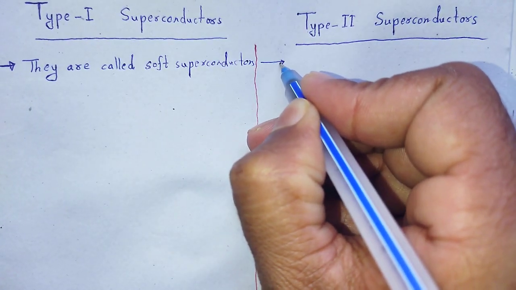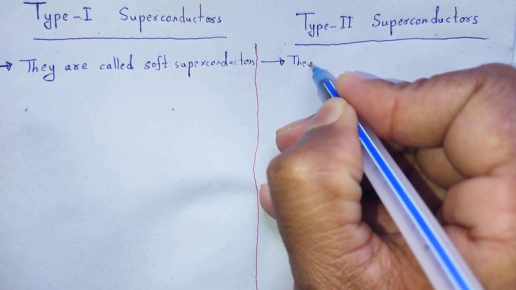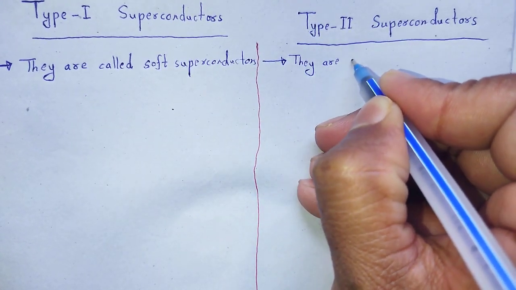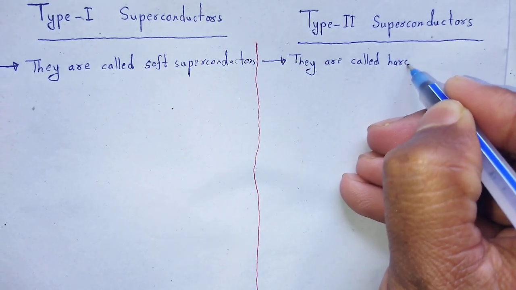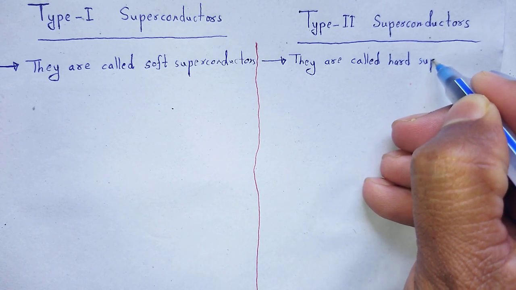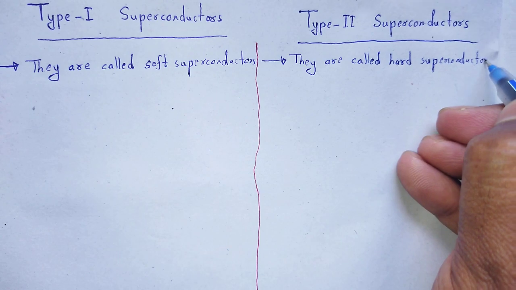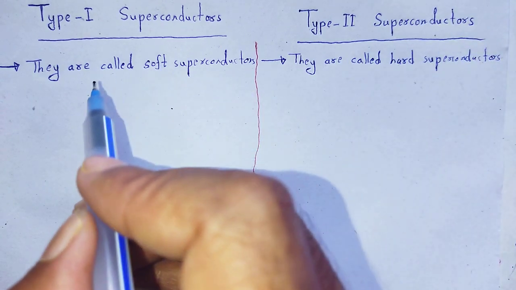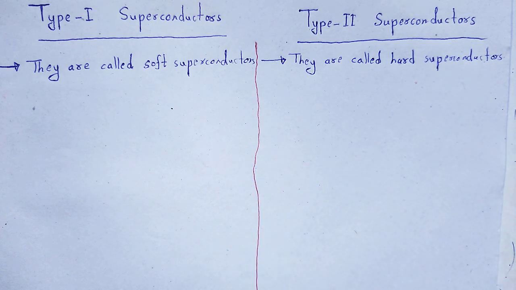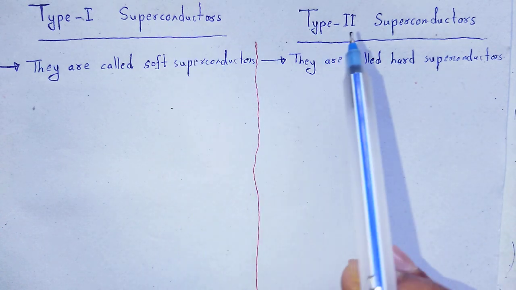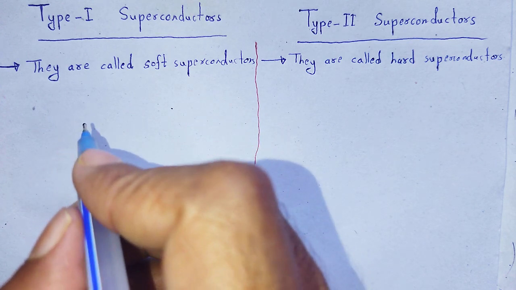Type 2 superconductors are called hard superconductors. Why type 1 are called soft and type 2 are called hard? As we say, we classify superconductors on the basis of their magnetic behaviors.